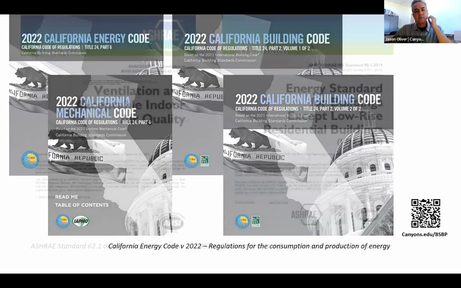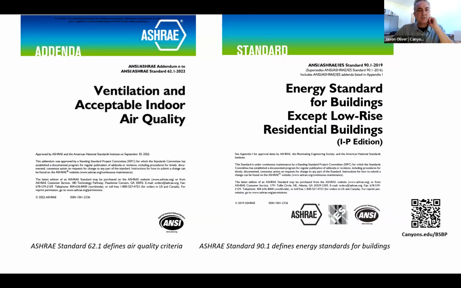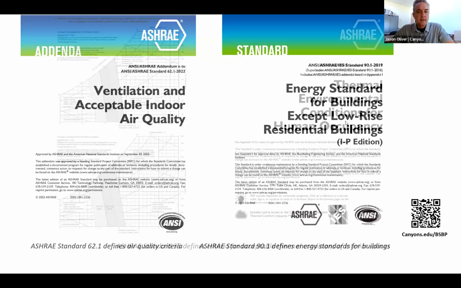And we also have industry standards. ASHRAE, the American Society of Heating, Refrigeration, and Air Conditioning Professionals, has a whole bunch of standards that are in many ways tied to the codes, and they inform us about different performance for systems in a building. So it might be the ventilation for a building, it might be the thermal conditions in a building.